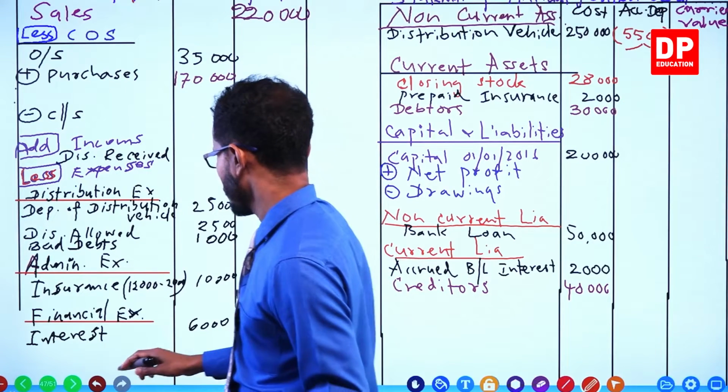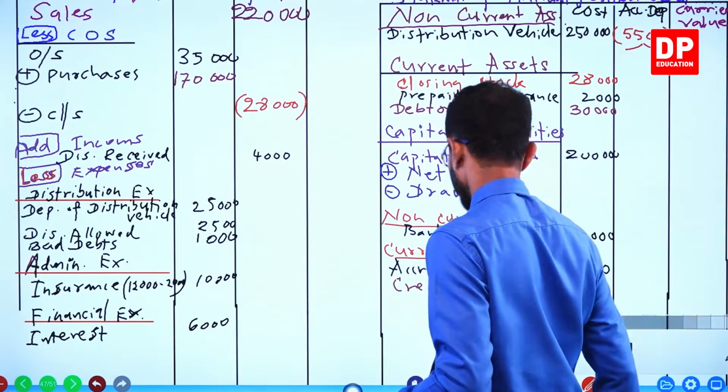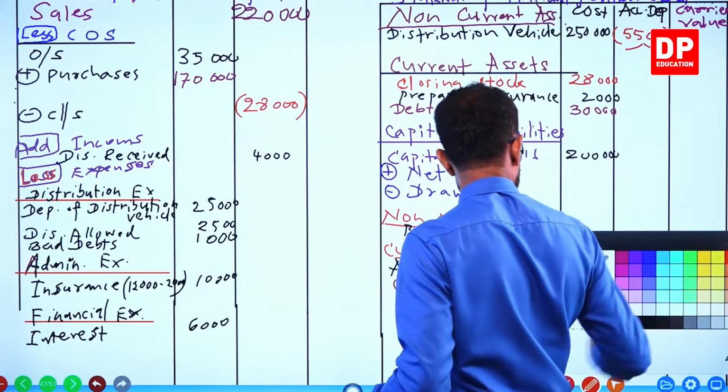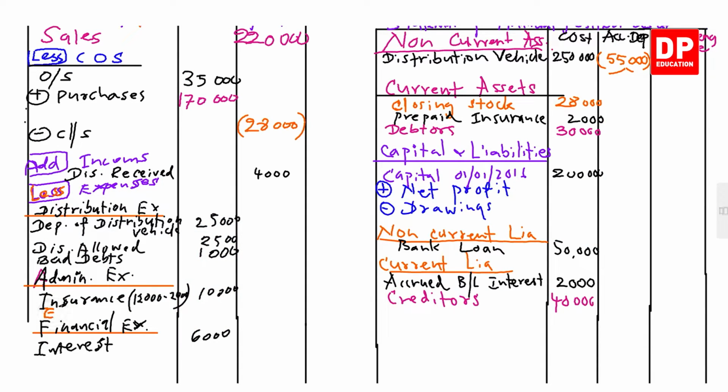Electricity goes under admin. I'll use another color so you can see it clearly. Electricity $1,500.